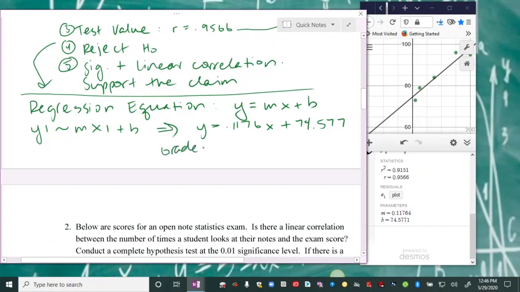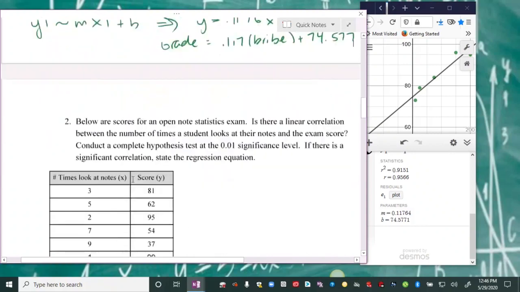So you can calculate your grade by taking 0.117 times the bribe and then add 74.577. So if you didn't give me any money, this would go away and you'd get a grade of about 74.